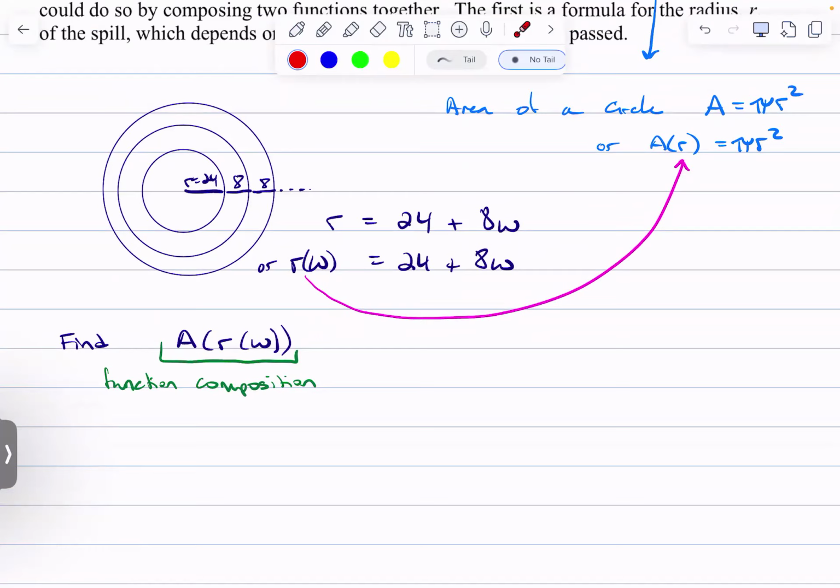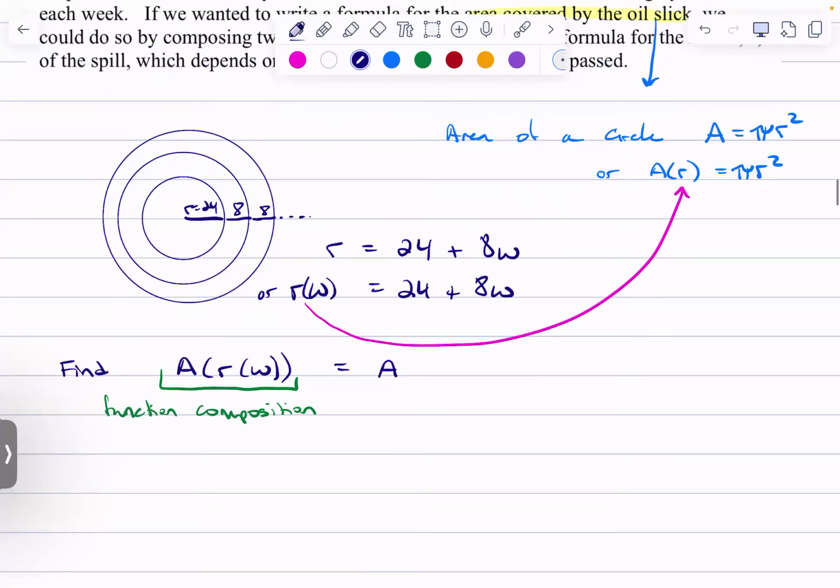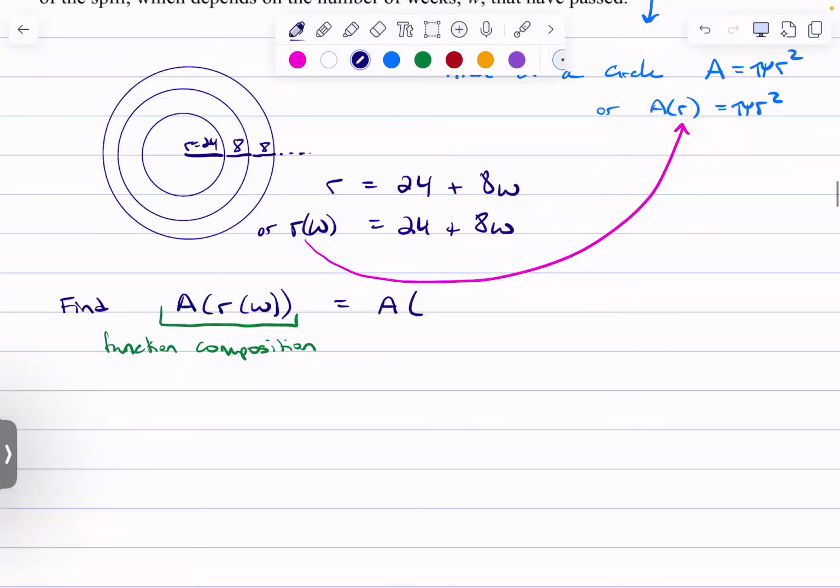We start with A on the outside still. A of, and instead of R of w, I'm going to replace it with 24 plus 8w.